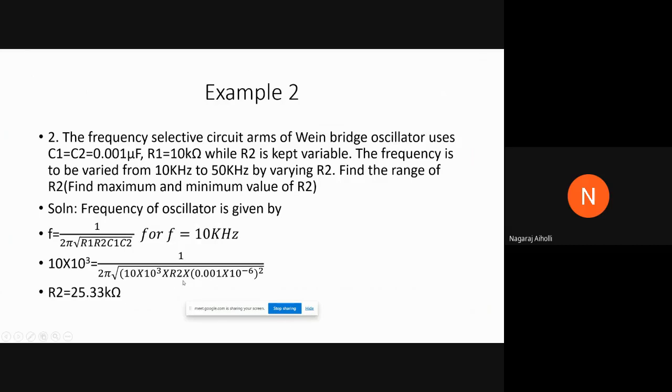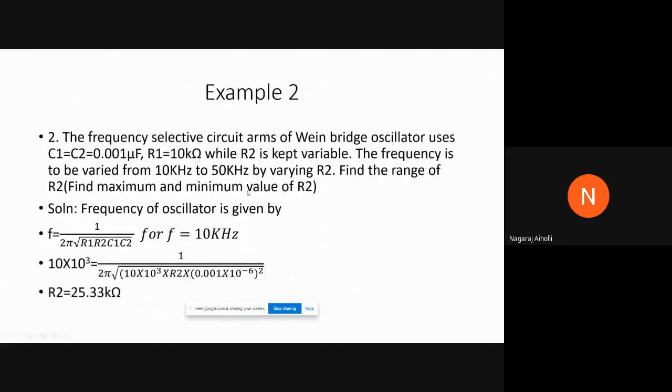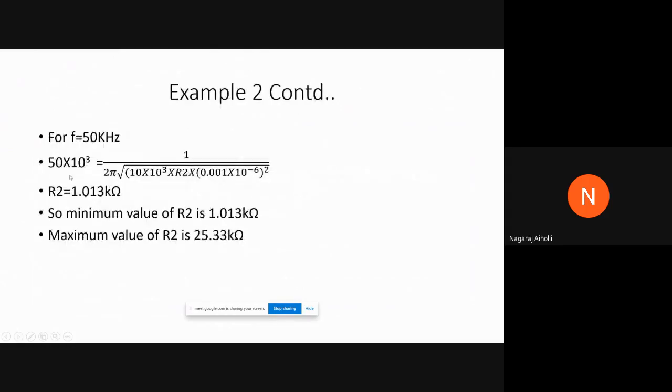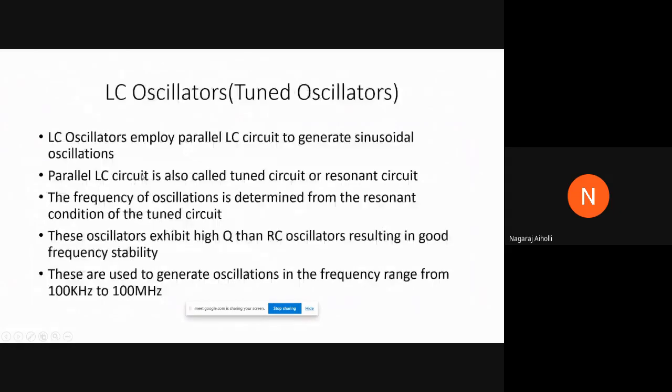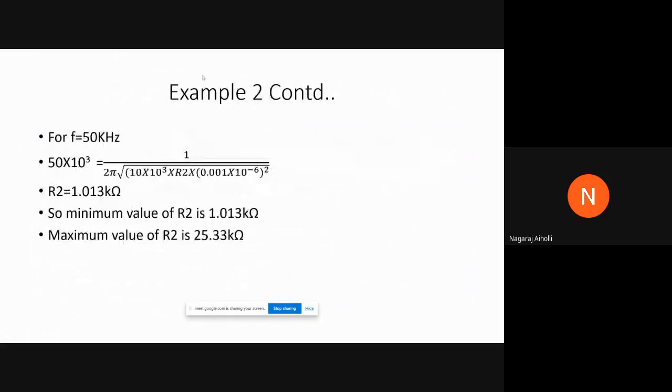Fine. Similarly, for the second frequency, that is F is equal to 50 kilohertz. If you substitute F is equal to 50 kilohertz in the basic equation, F is equal to 1 upon 2 pi square root of R1 R2 C1 C2, then we get 50 into 10 raised to 3 is equal to 1 by 2 pi into square root of R1 is 10 kilo ohms, that is 10 into 10 raised to 3 into R2.